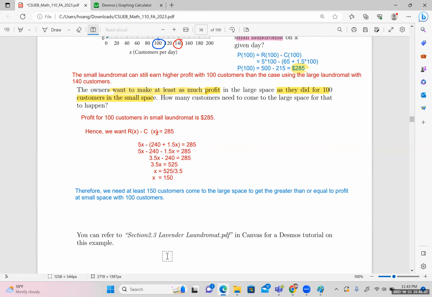I will provide you the Desmos materials for the laundromat problems in Canvas, and from there you can regraph these problems and submit your picture to Canvas to share with the others.